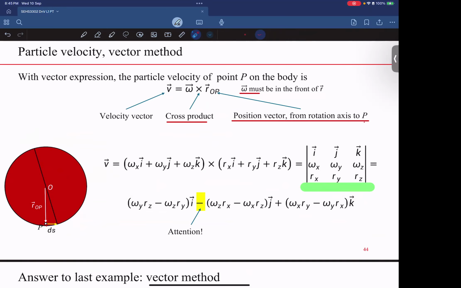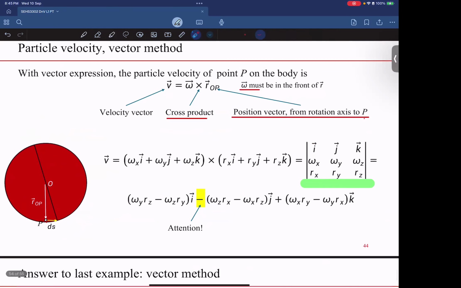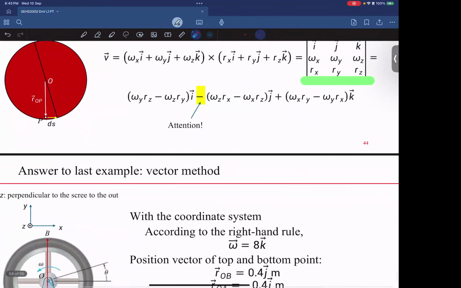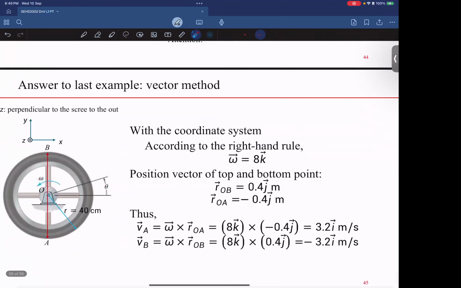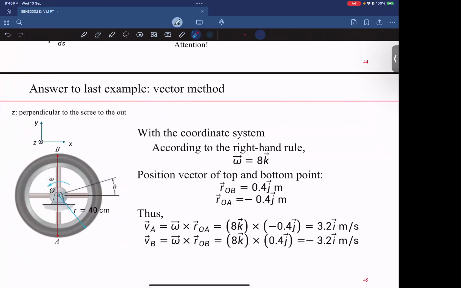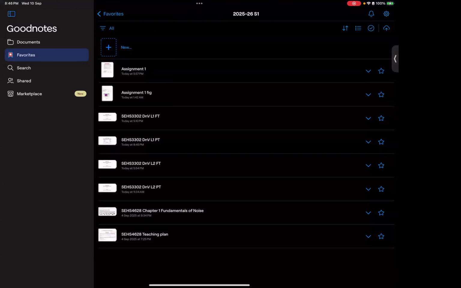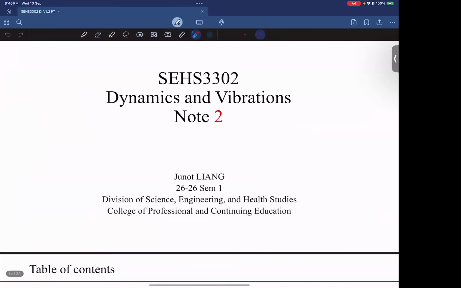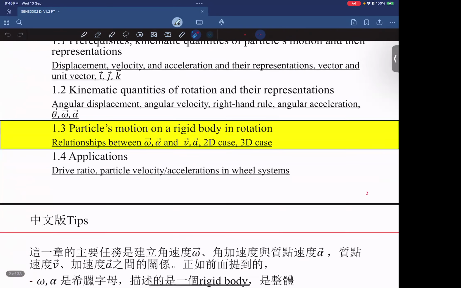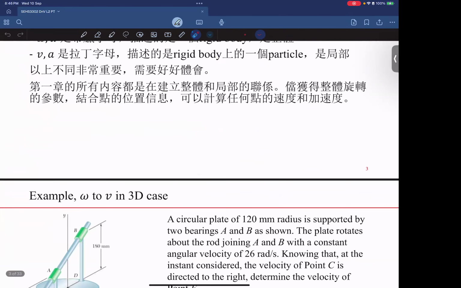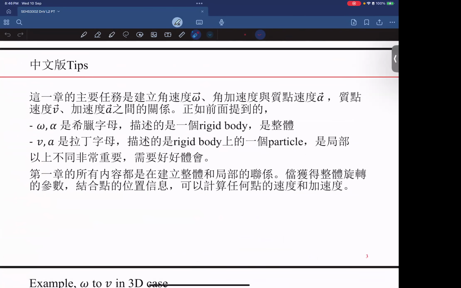If needed, I will give this formula in the appendix. But you need to know how to use it. Okay, this is the 2D, and we come to the 3D. Okay, and it's going to be this one. Okay, so the Chinese version.